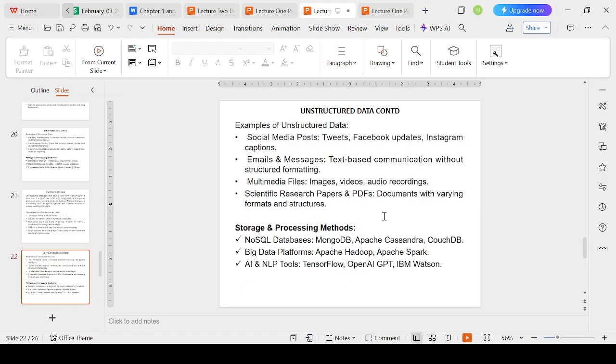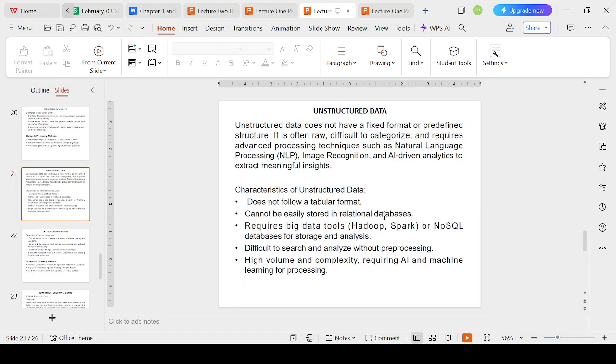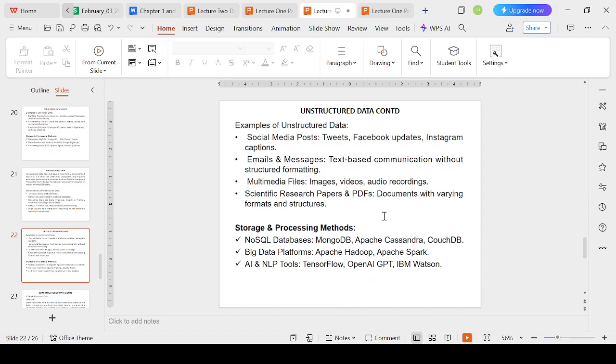Here we talk about big data. Examples of unstructured data: social media posts, all the things we have been posting on WhatsApp, Facebook, Twitter, Instagram, are all unstructured data.